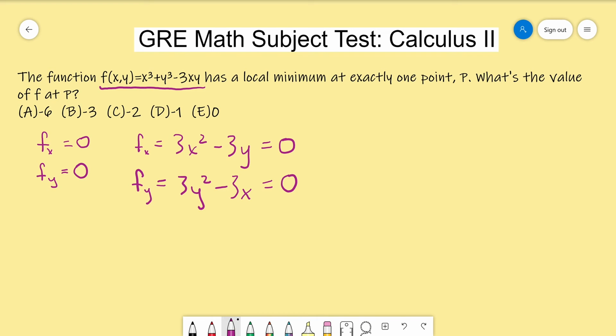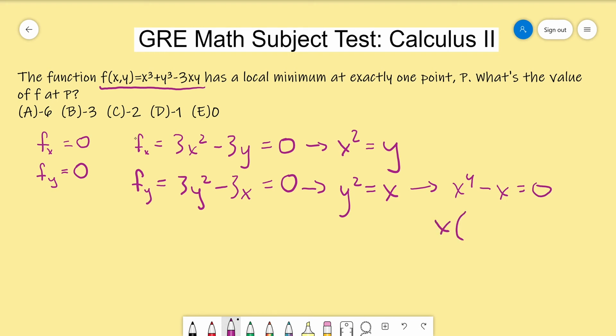Now, if we divide by 3, we'll get x squared equals y, and here we'll get y squared equals x. Well, if we substitute y equals x squared here, that'll give us x squared squared, so that'll be x to the fourth equals x, or x to the fourth minus x equals 0.